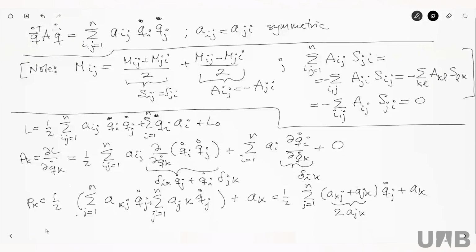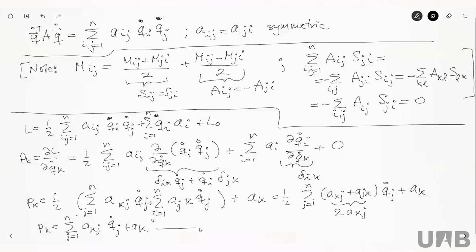And now, finally, I can rewrite this as pk equals 1/2, and the 2 cancels out. And then I have a sum over j from 1 up to n of Ajk q dot j. Well, actually, I can also write it in the other way, because since it's symmetric, I can interchange them, and it's going to look a little nicer. So Akj q dot j plus ak.